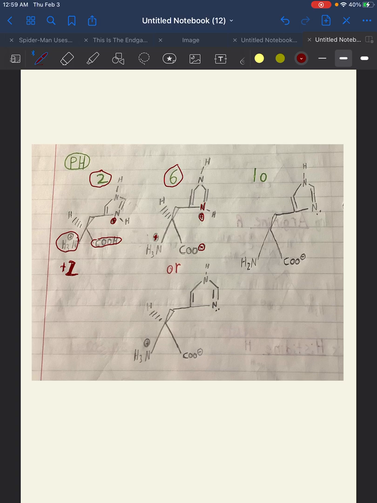It can exist in this form, or the hydrogen on the nitrogen here can donate its bond inwards, deprotonating, and then giving it a lone pair on the nitrogen, making it overall neutral. And once again, we're back to being a zwitterionic molecule.